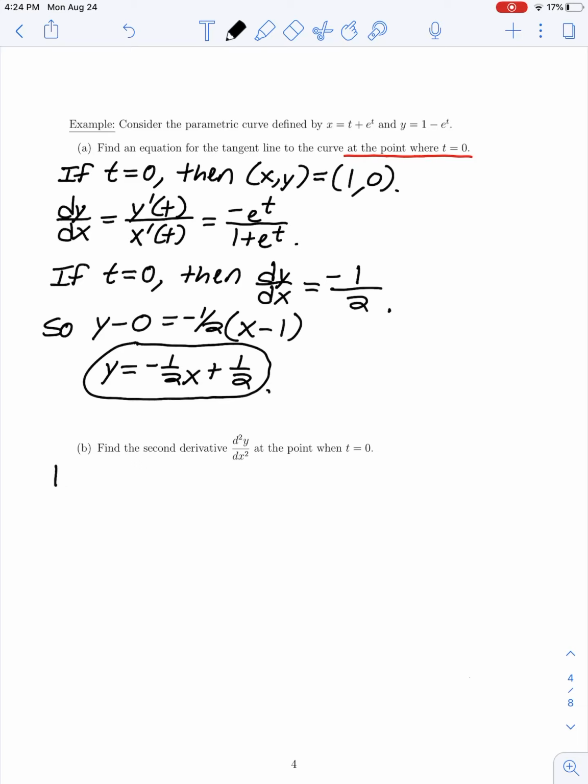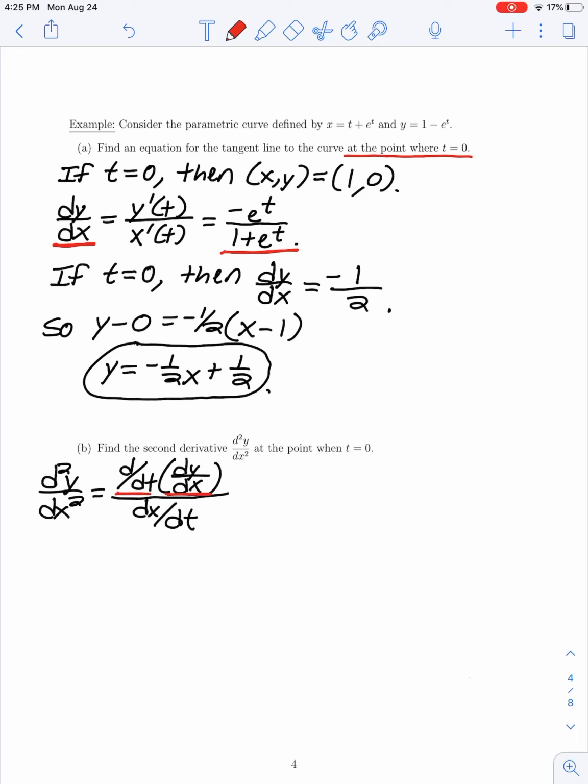Here, again, in order to find the second derivative of y with respect to x, our new theorem says we first take the derivative of the first derivative, dy/dx, but with respect to t, and then we divide by the derivative of x with respect to t. So for our numerator, we're going to take the first derivative, which we already found in part A, this quotient, and we have to take its derivative with respect to t.